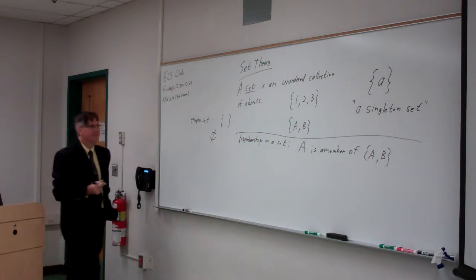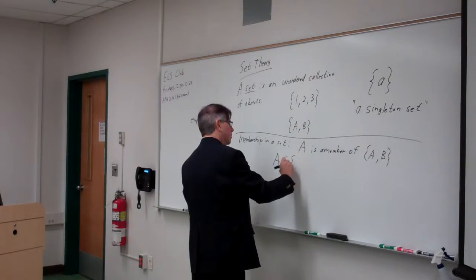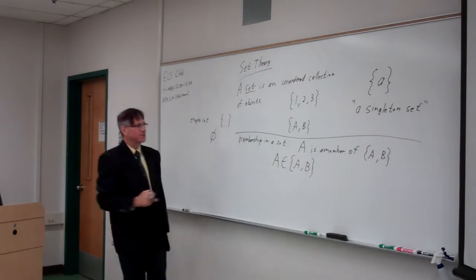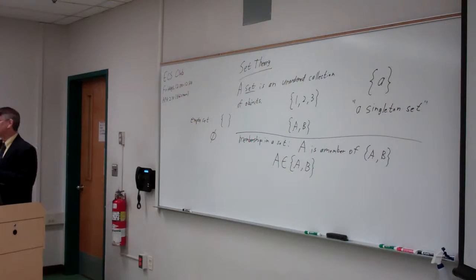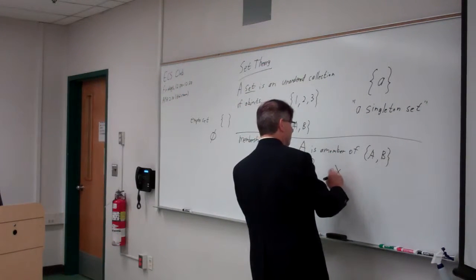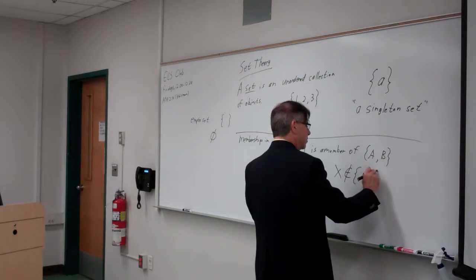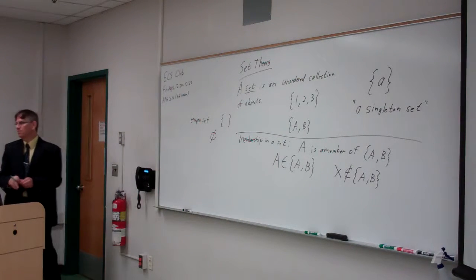And we have a shorthand for that, which is this epsilon symbol. You think of that as saying A is a member of that set, or A is contained in that set. And if something is not contained in that set, we can put a slash through it and say X is not a member of that set.